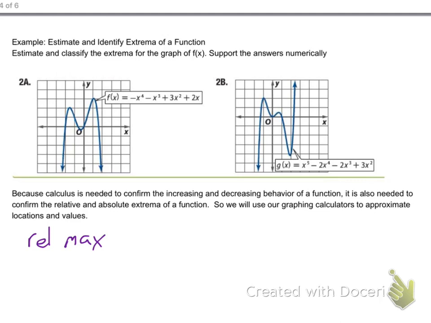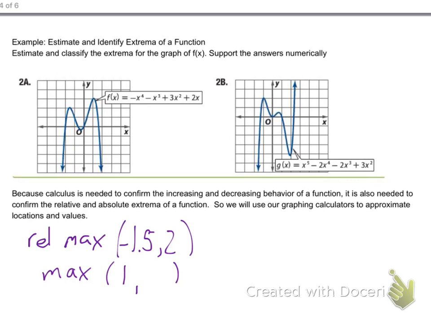So, estimating, how far back do I go? This is 0, so 1, negative 1.5, comma, 2. Now we can state the max. Where's the max? 1, 3.